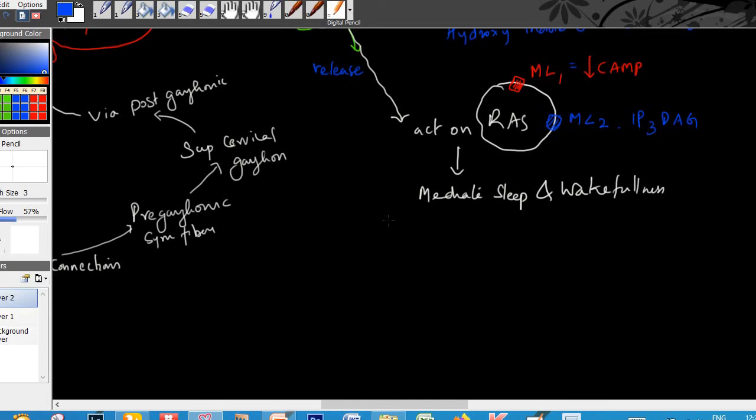In pharmacology, when you learn pharmacology, you will see that Ramelteon is actually an agonist of all these receptors, ML1 and ML2. Ramelteon is a drug.